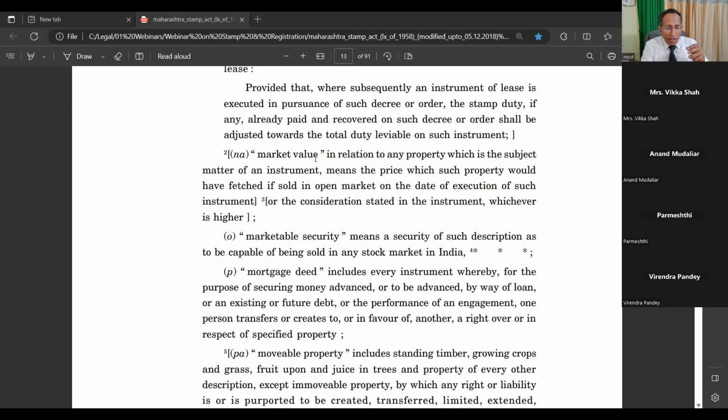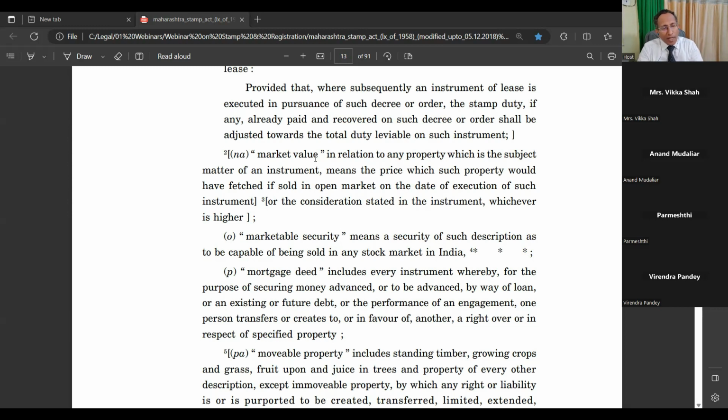Suppose, just for our hypothetical discussion, he bought the flat for 80 lakh and is selling it for 1 crore rupees. So he's making a 20 lakh profit. In a normal transaction he would pay income tax on 20 lakh, but in this case he will have to pay income tax on 1 crore 20 lakh, so 40 lakh will be considered his profit.